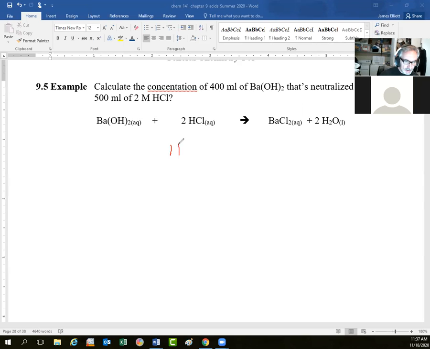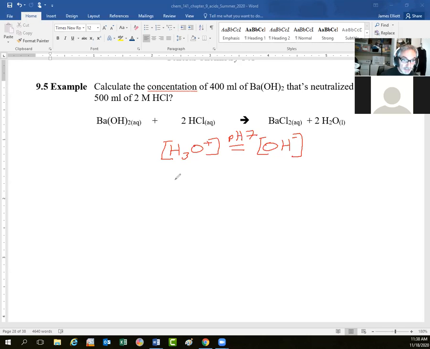We've got, of course, this idea that the hydronium ion concentration combined should be equal to the hydroxide ion concentration combined at pH 7. And so that's moles of hydronium ions equal to moles of hydroxide ions.